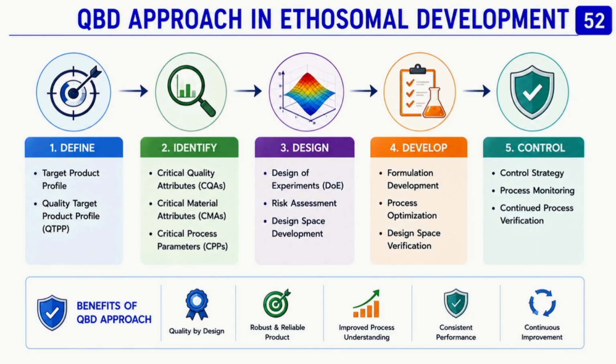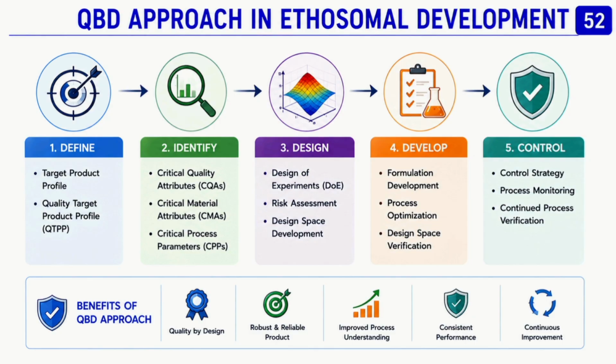Optimization using QbD. Modern formulation development increasingly uses QbD. What does QbD mean? Quality by design. Instead of changing one variable at a time, we identify the critical material attributes and the critical process parameters. For ethosomes, the potential critical material attributes include the ethanol concentration, the phospholipid concentration and the drug concentration.